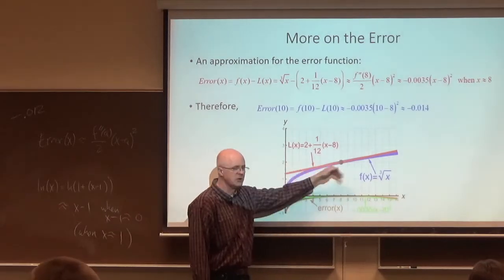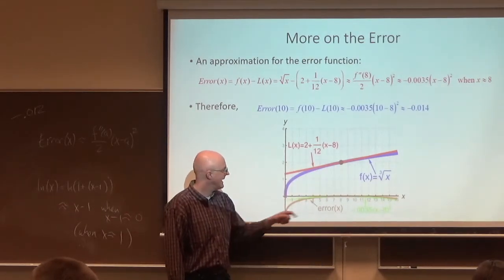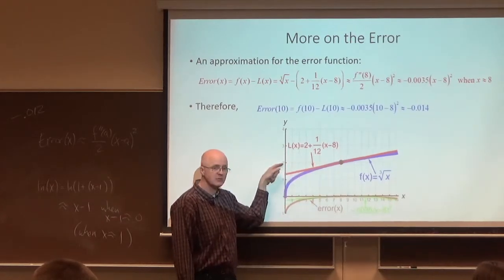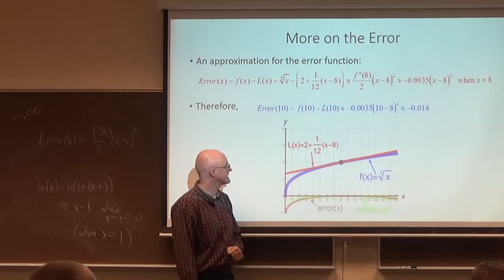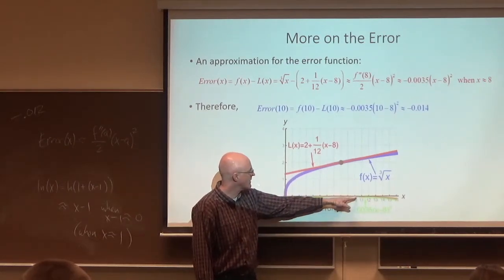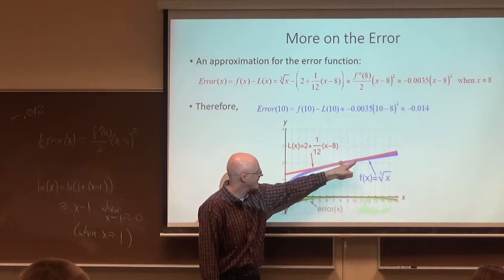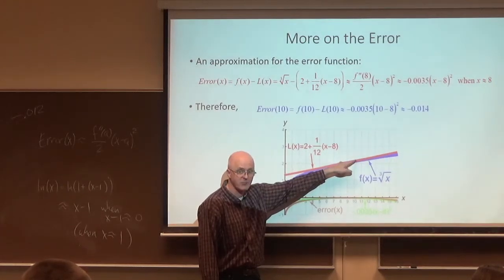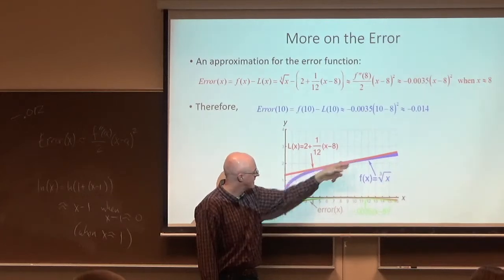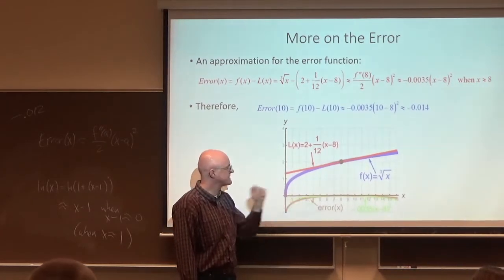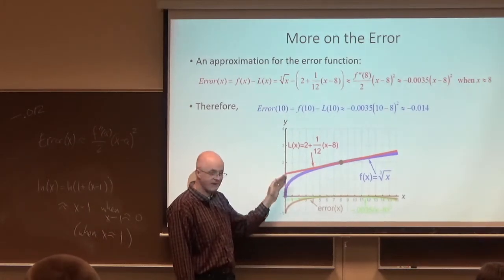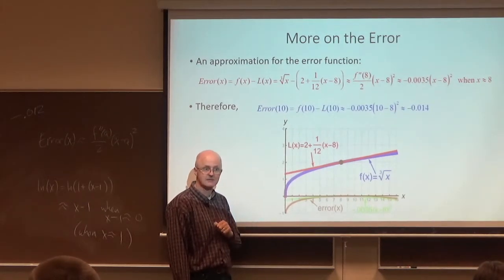The blue graph is the cube root function. A is 8, that's where the black dot is, at (8, 2). The red line is the linear approximation. We're trying to approximate the second coordinate on the blue graph when x is 10, right about there, with the second coordinate of the red graph. They are pretty close together. They're practically on top of each other. Down here, the brown graph is the error function, f of x minus L of x. It's negative because f of x is below L of x.